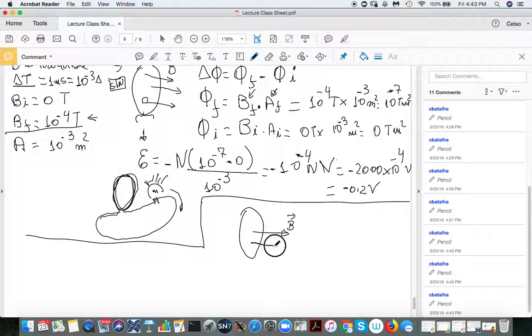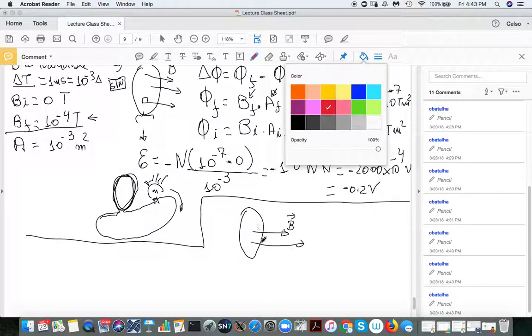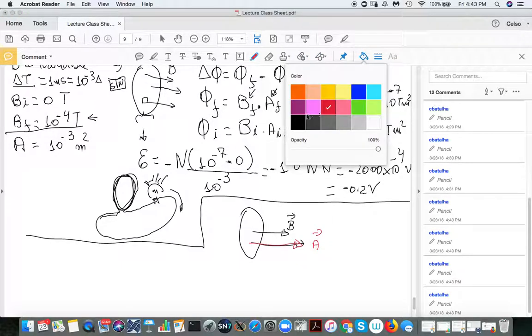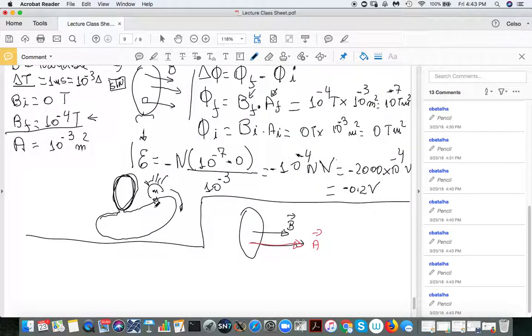You define your normal vector area, I thought I had in red, like that. And then you go through the whole calculation which we just did to figure out your electromotive force, and then pay attention to the final sign you got. See the sign here? Negative. So pay attention to that.